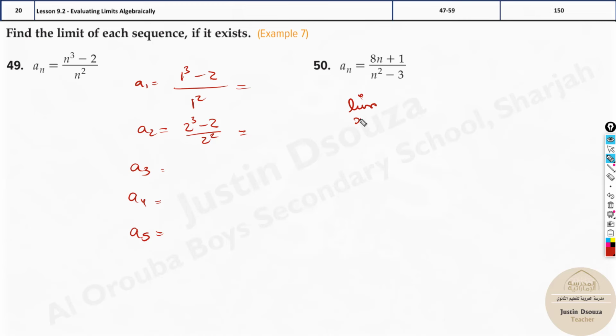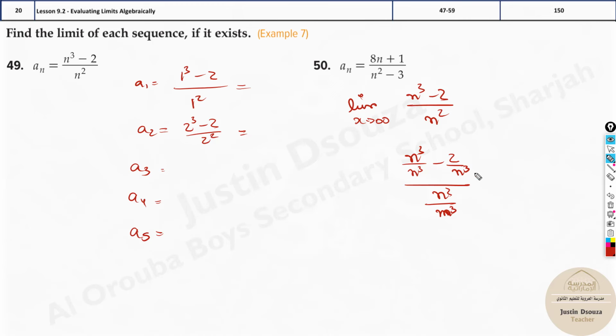Limit as x tends to infinity for n cubed minus 2 divided by n squared. What would be the answer? First, you need to divide throughout by the highest degree. It will be n cubed divided by n cubed minus 2 by n cubed, divided by n squared by n cubed. This is n cubed.